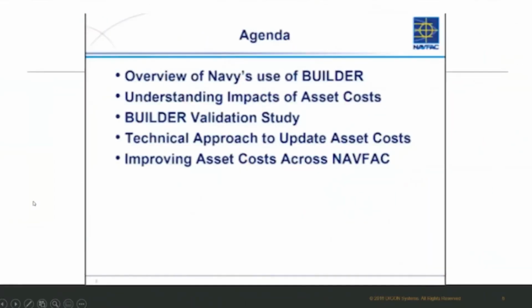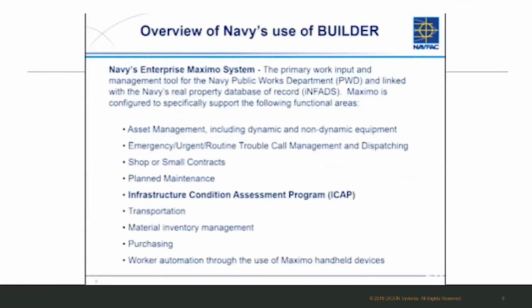The agenda for the presentation is overview of the Navy's use of Builder, understanding impacts of asset cost, Builder validation study, technical approach to update asset costs, and improving asset cost across snapback. In order to understand how the Navy uses Builder, we must explain the Navy's Enterprise Maximo system.